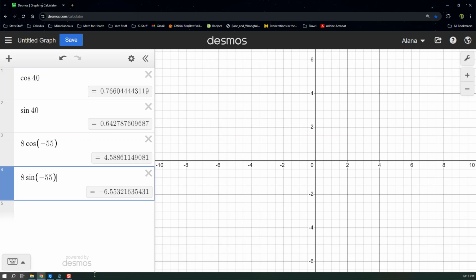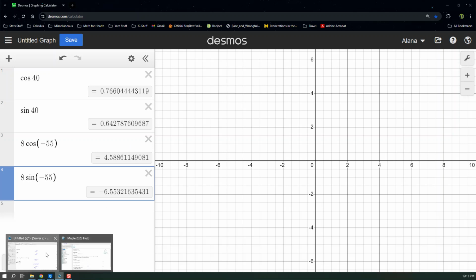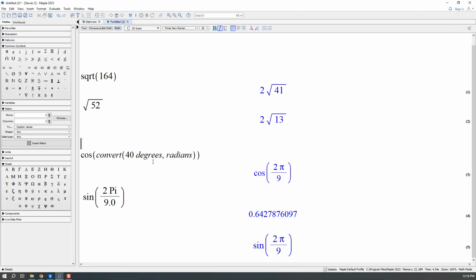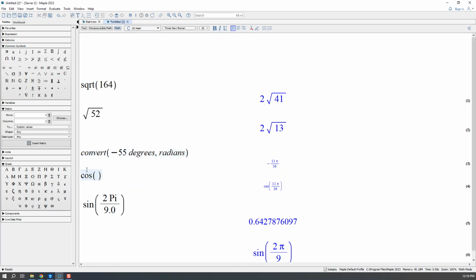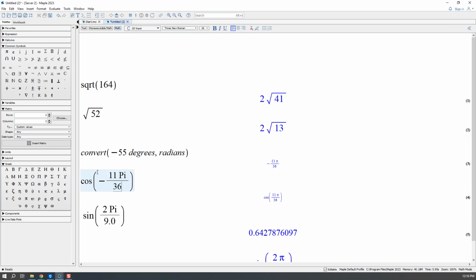Right, if I want to use Maple to do the same thing, it's a little trickier. So I could say, hey, convert negative 55 degrees to radians. And again, I can do that on its own and then find the cosine of that. So I can say convert that and then find me the cosine of negative 11 pi divided by 36. It's going to give me an exact answer.